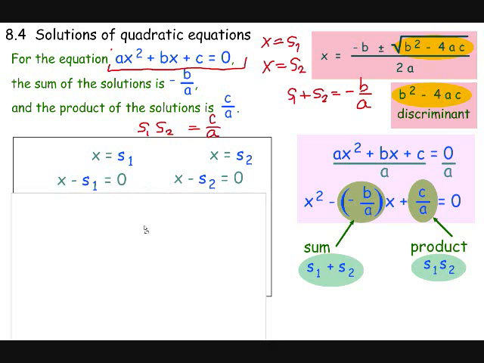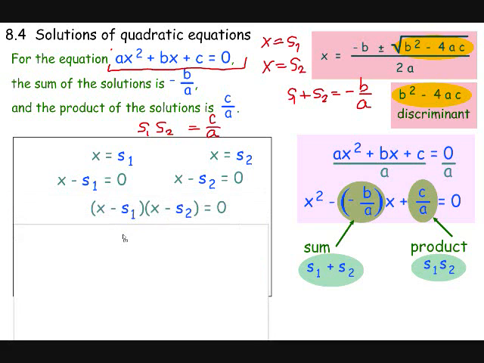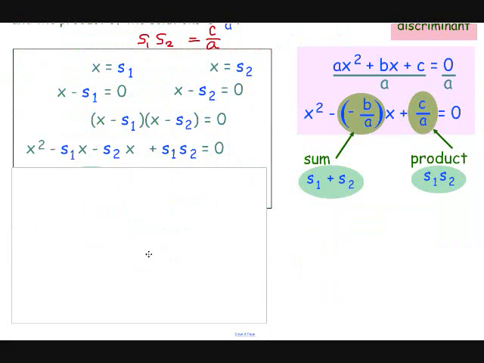If I were going to be moving backwards, in other words, I've got the solutions and I want to find my factors, this works, doesn't it? I've got x minus the solution equals 0. These are our two mini equations. We're just going backwards now, from the solution to the mini equations to the factors, and when we multiply those together, isn't this interesting?